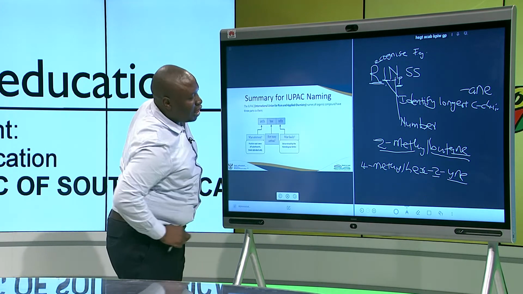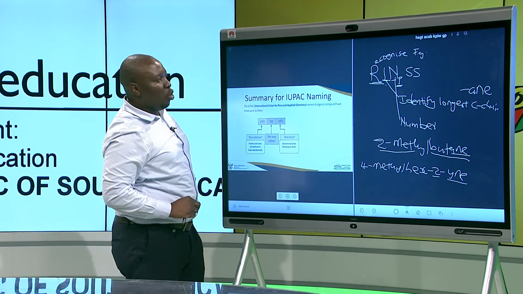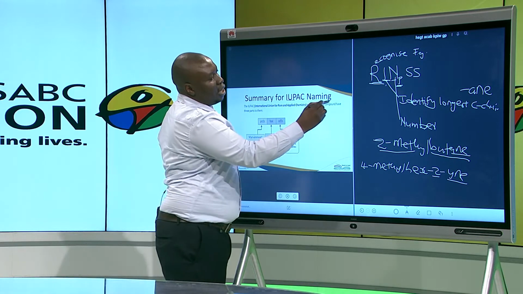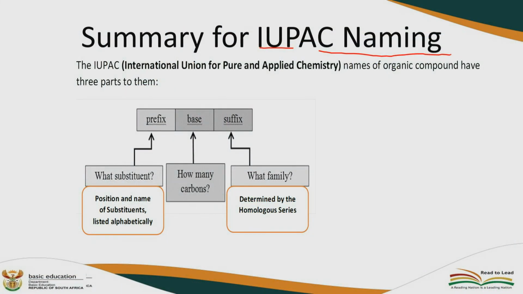Now, without wasting time, let's move to the summary of IUPAC naming, because when we are naming, we are always referring to IUPAC naming, which stands for International Union for Pure and Applied Chemistry. For this, you always start by writing the prefix, the substituent.